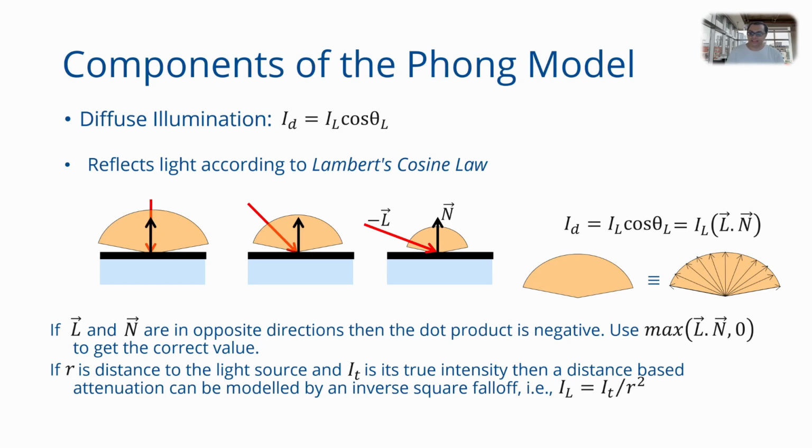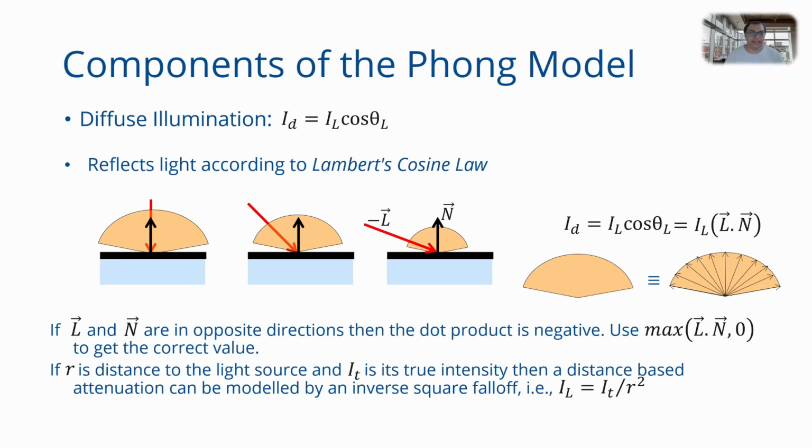Okay. Another thing that you can add to this model is attenuation due to distance. So you can say that as light travels farther from its source, its true intensity goes on decreasing, and this decrease is an inverse square fall off.